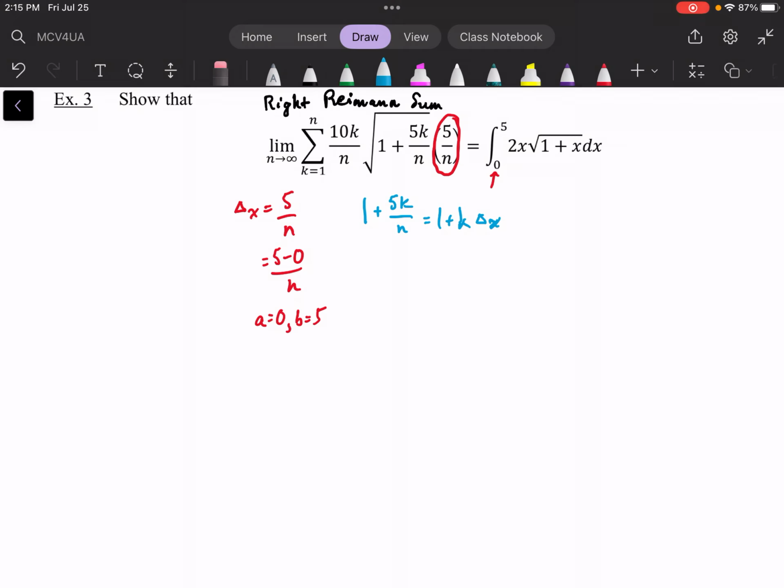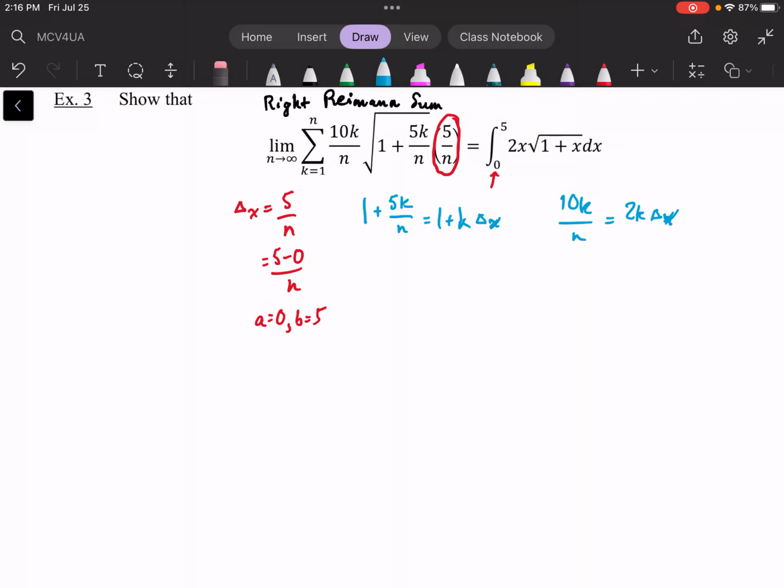And that means this 10k over n is equal to 2k times our change in x values. So we can assign every k times change in x as our x values.